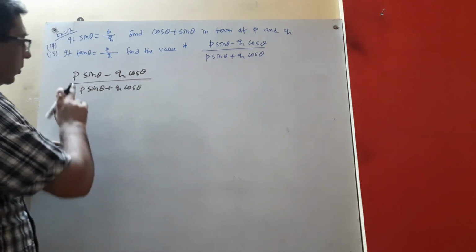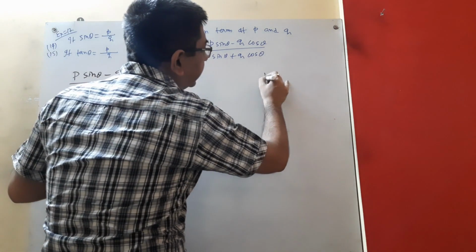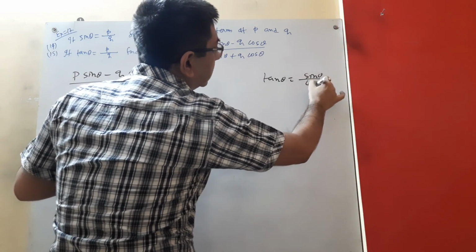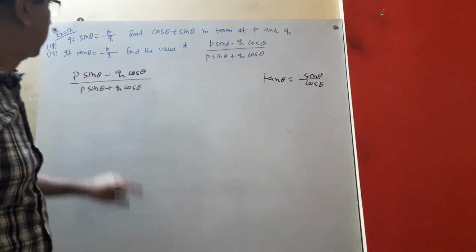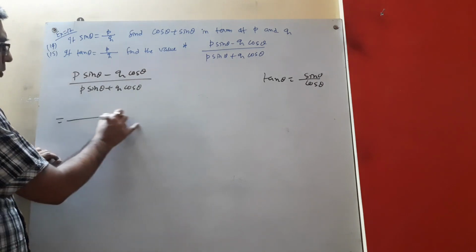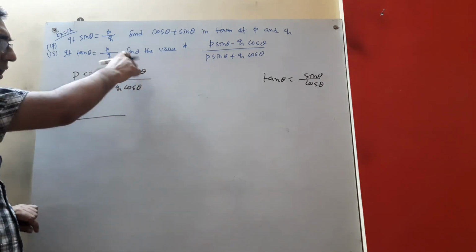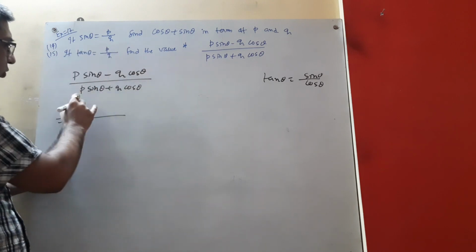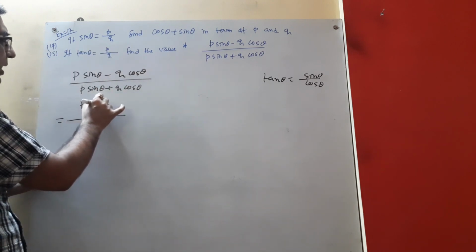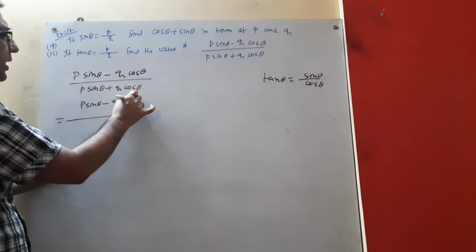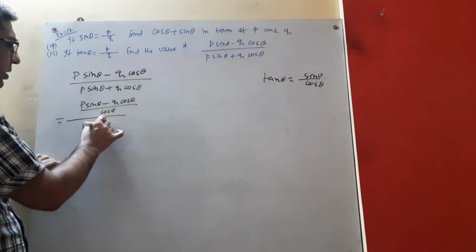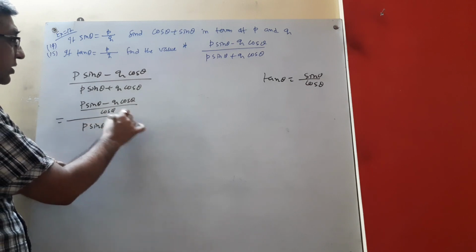Okay. Look, this is given. We know tan theta equals what? Sin theta by cos theta. This thing we know. So, dividing numerator and denominator by cos theta, we are getting P sin theta minus Q cos theta by cos theta, and here also P sin theta plus Q cos theta by cos theta.